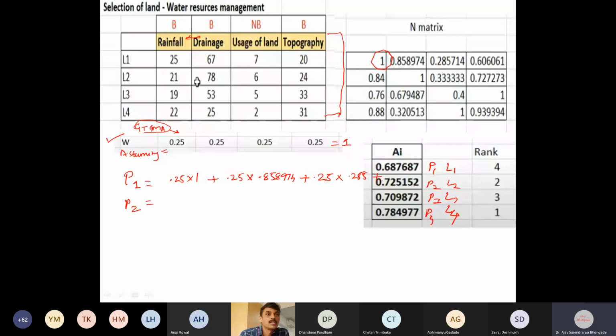Obviously, the highest score gained by a particular land should be ranked one. Whenever you want to recommend, the decision maker will first select this first land, but if due to some other technical difficulties, he can opt for the second land. So we provide a ranking to all of these. Now we can call it a simple merit list.